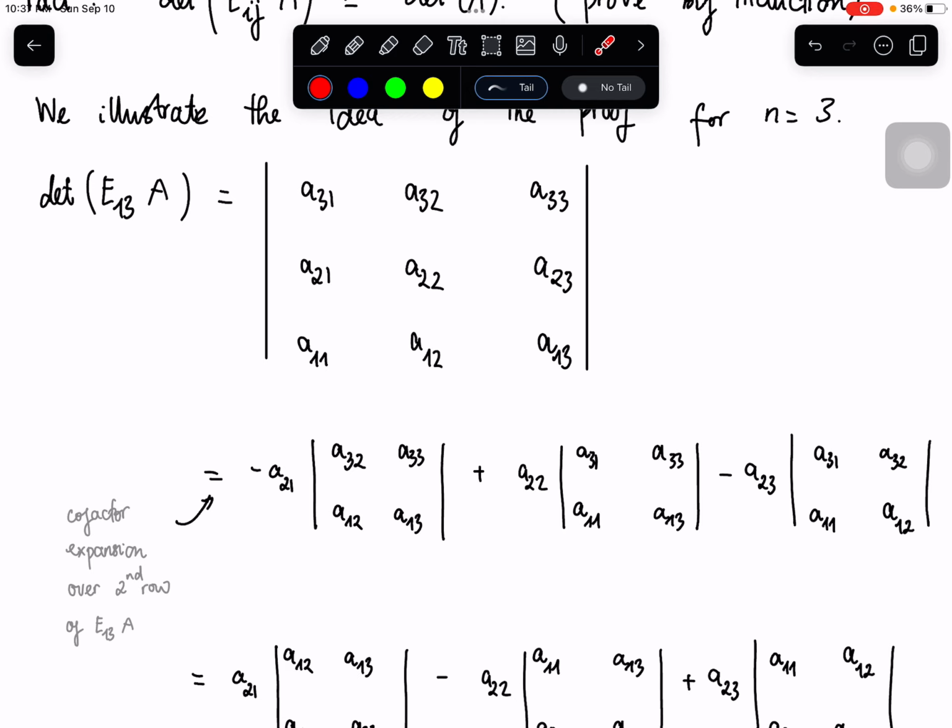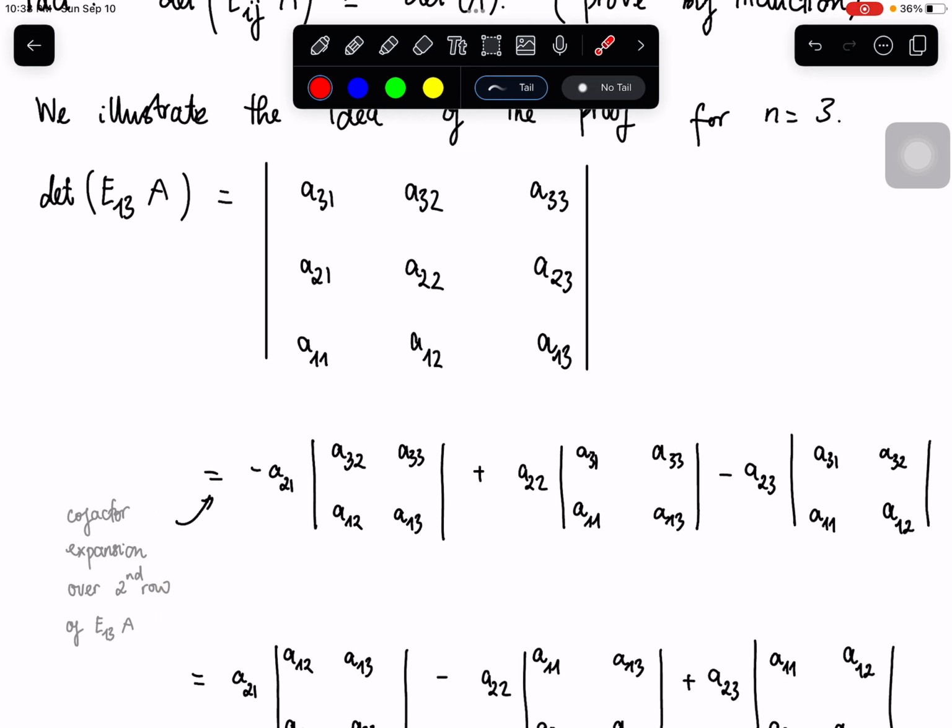We do cofactor expansion over the second row, the row that does not change when we do the row operation of type 1. We only exchange the first and the third row, so the second row keeps the same, right? We will do cofactor expansion over that row.